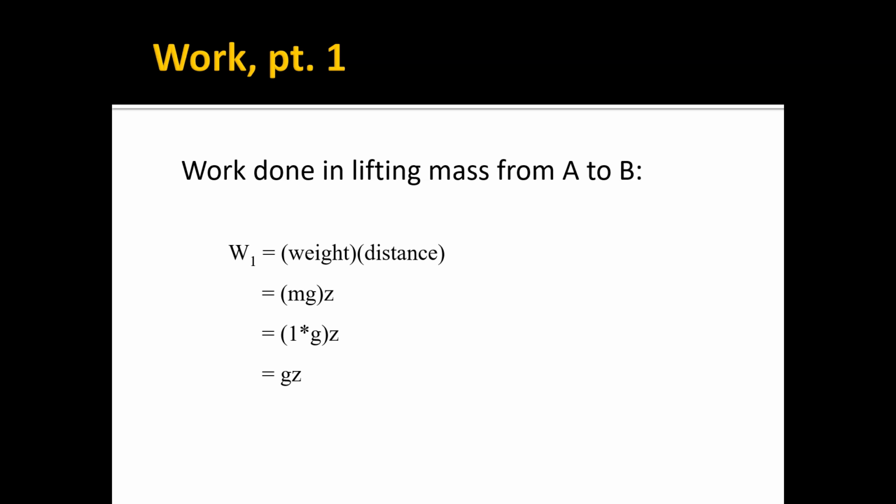And that weight is defined as mass times gravity. And we said it's a unit mass, so we're going to replace that m term with a 1. And we end up with g times z. Again, g is gravity, and z is the separation distance between the two.